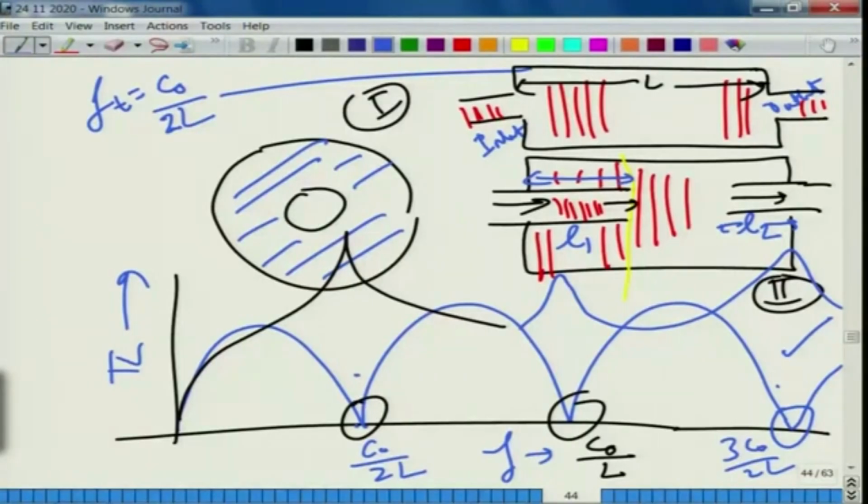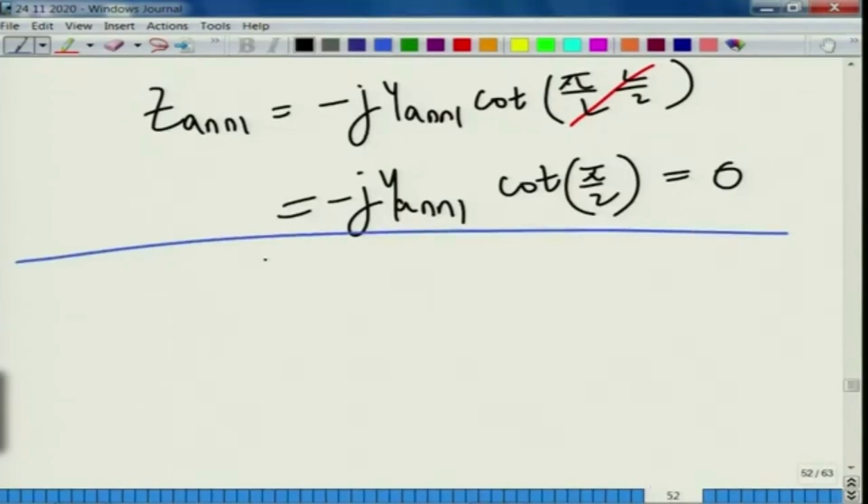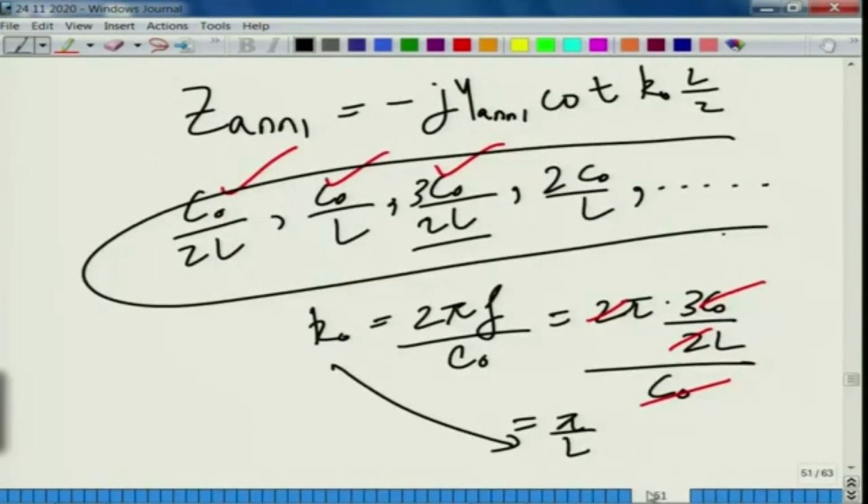Can we go for higher order troughs, that is 5 C naught by 2L? Is it possible? Let us see. Your other higher order frequencies would probably occur at, this occurs at 3 C naught by 2L, so this would probably occur at 5 C naught by 2L and so on.